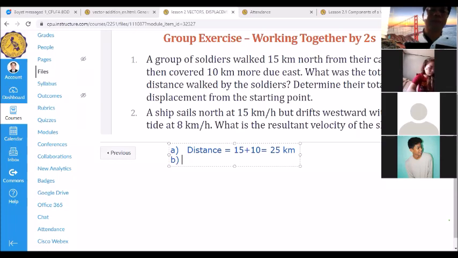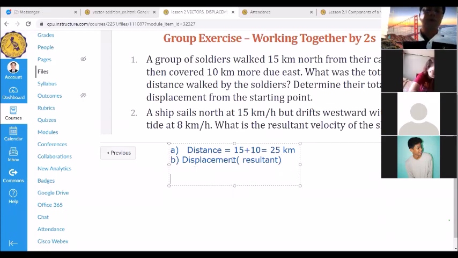Now for our next number, total displacement. Total displacement is referring to the resultant. So this is another word for our resultant displacement. And since these two vectors form a right angle, we use our Pythagorean theorem.